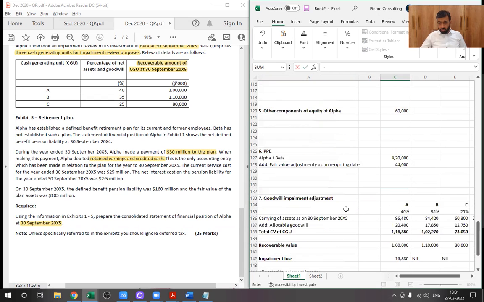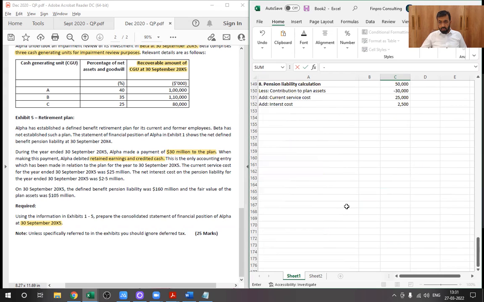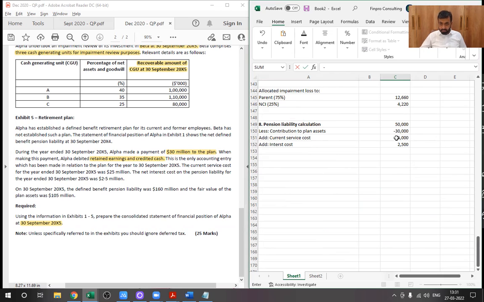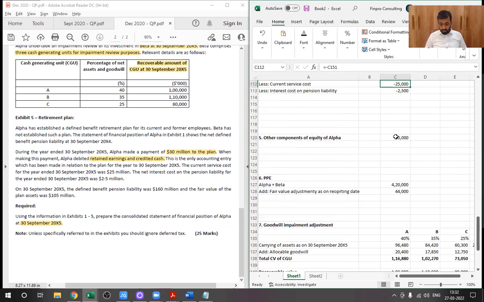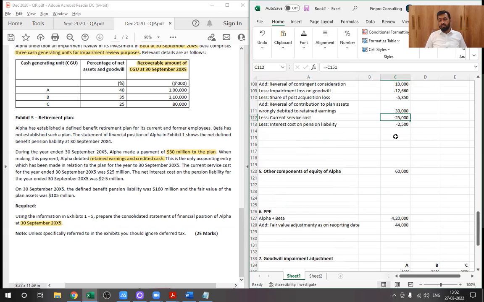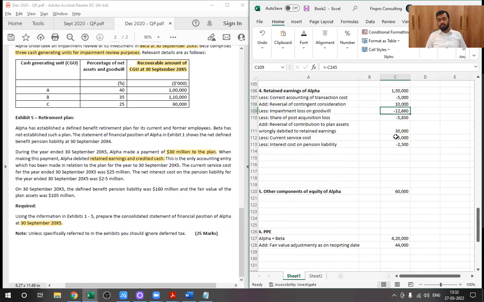I will reduce this amount from retained earnings, and 2,500. So I have provided two effects.